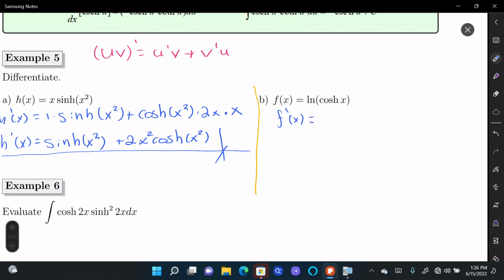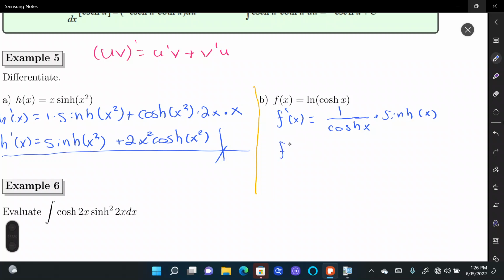It would be 1 over cosh, so that is 1 over the argument, the expression inside the parentheses, times the mini chain rule, sinh x.